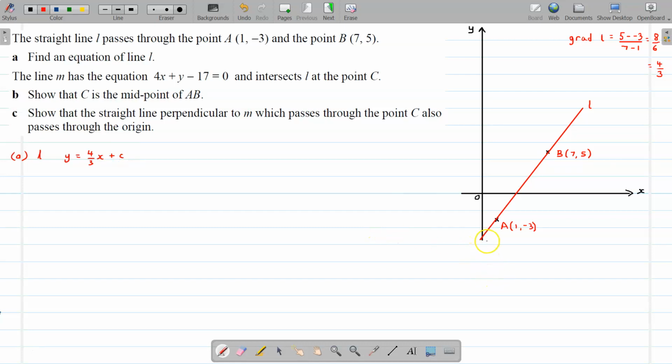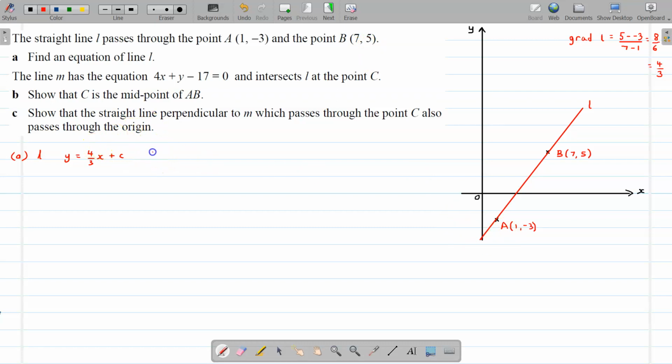Now we're looking at this here and we can see roughly where c is, but we don't know what number that is till we work it out. But we know 2 points on the line. We know the point A and the point B. And we can use one of those points to find what this value of c is.